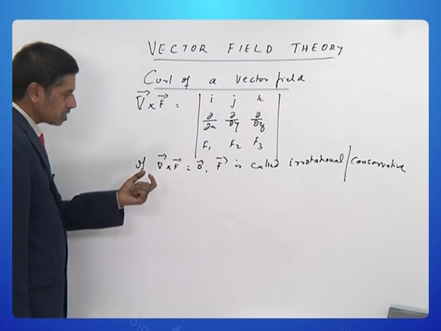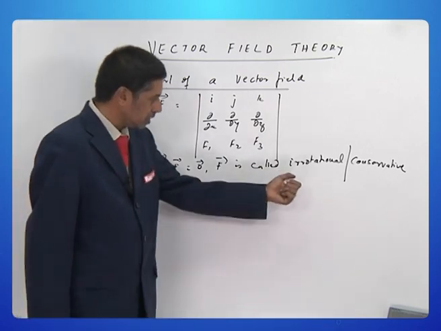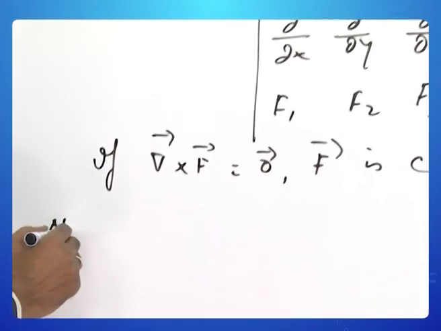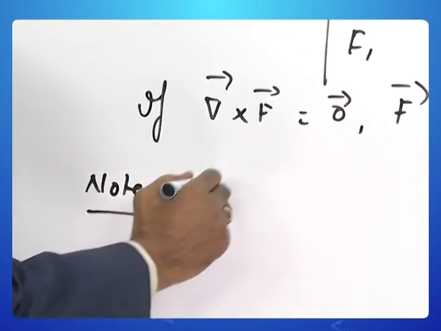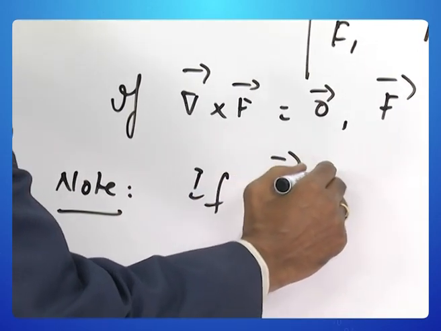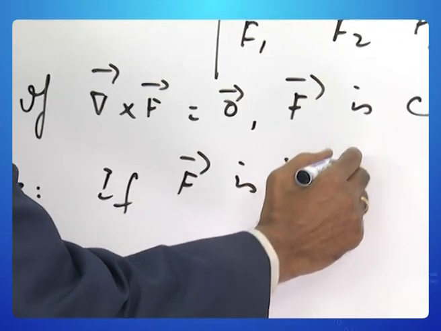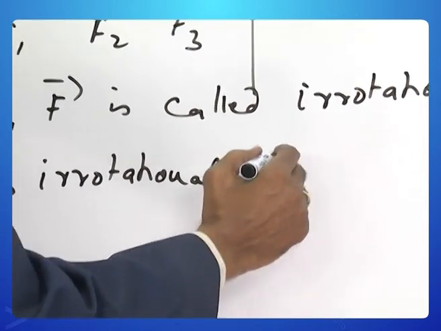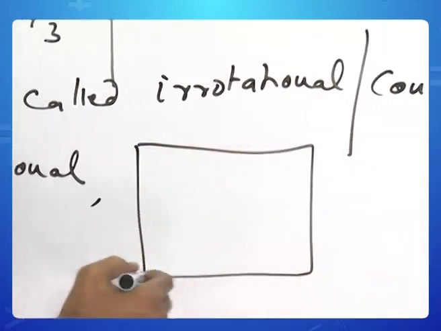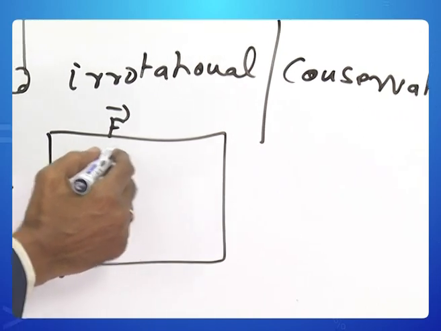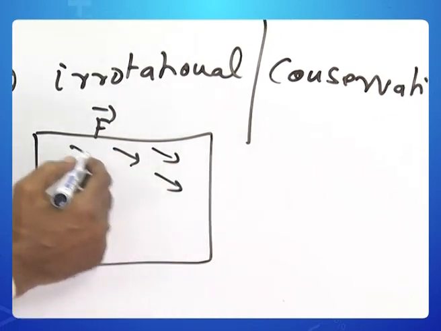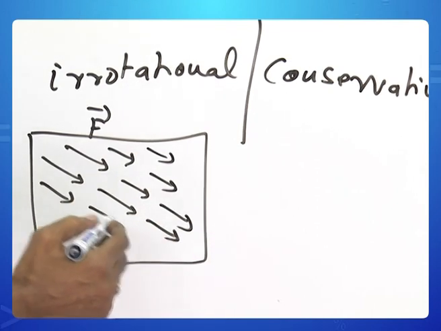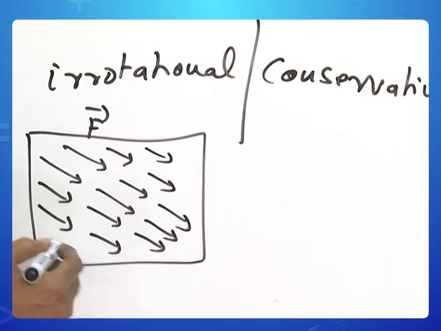Now there is an interesting result in this case where the curl becomes 0. What does it say? It says if f is irrotational, which means we have a field in which the field elements do not have any spin effect.